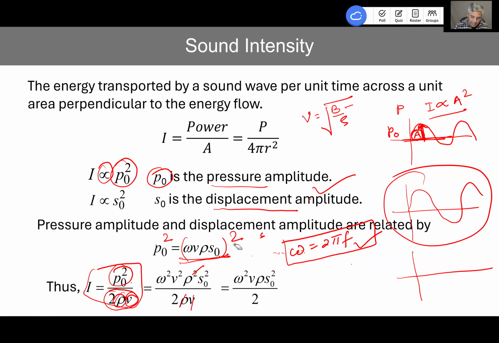So the intensity can be calculated if you know what is the amplitude of the wave. So if you are given a plot of a wave, then you should be able to calculate amplitude. So yes, this sound intensity is a purely mathematical quantity, and intense sound also means loud sound, okay?